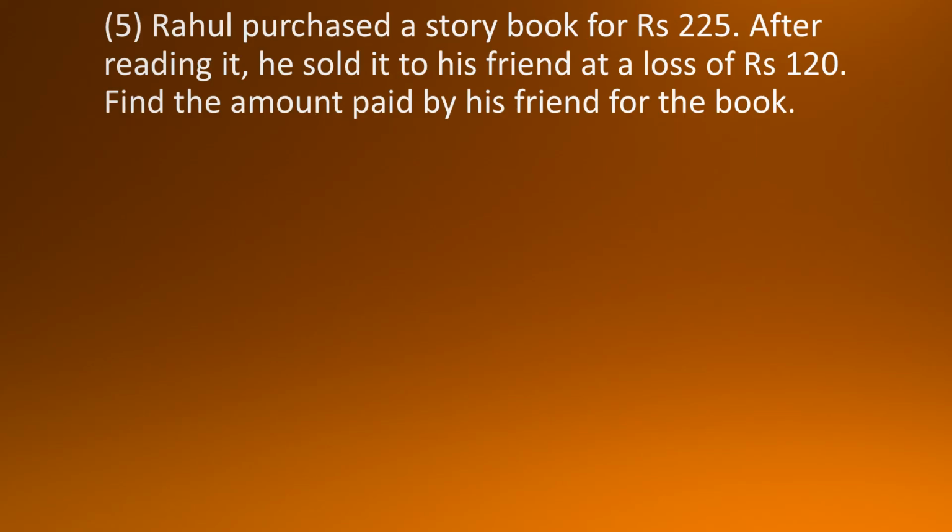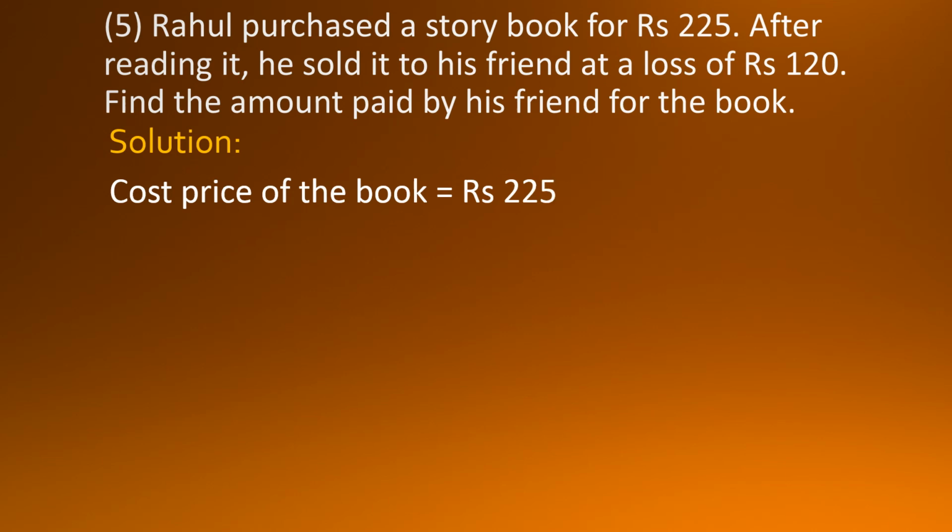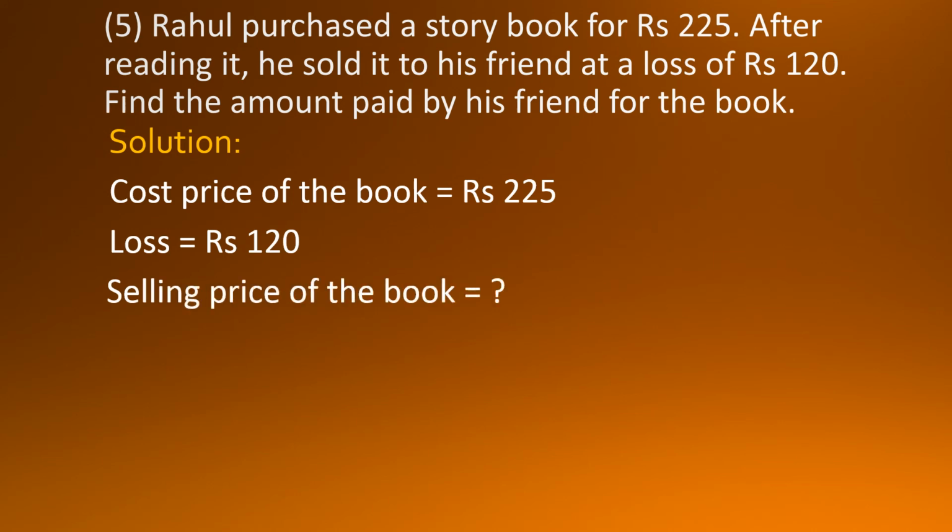Question number 5. Rahul purchased a story book for rupees 225. After reading it, he sold it to his friend at a loss of rupees 120. Find the amount paid by his friend for the book. See, in this question, cost price of the book is equal to rupees 225. Loss is equal to rupees 120 and selling price of the book we have to find out.